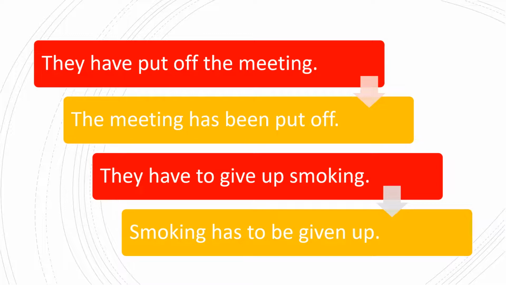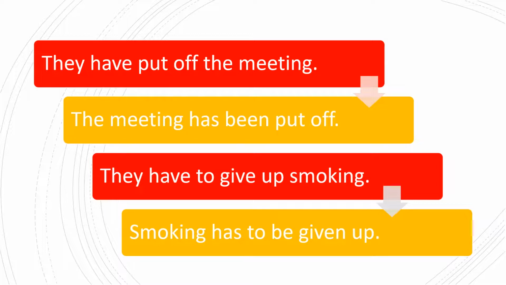Has to be, because we have to give, it's infinitive, to be in the infinitive. Has changed because in the first sentence we have they, but here we have smoking, which is a singular noun. It becomes has. Smoking has to be given up. Okay, so this is it with phrasal verbs.